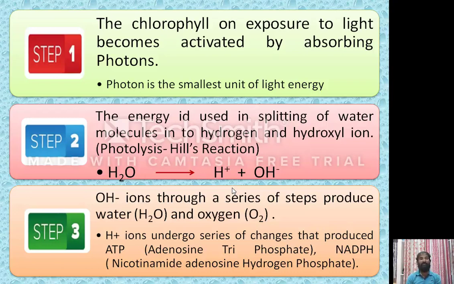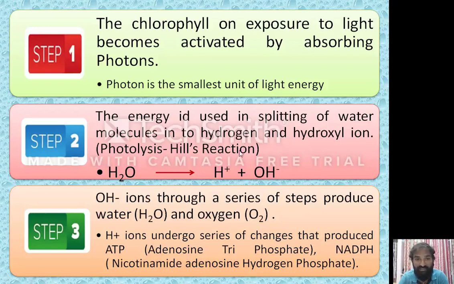Coming to the second step, the energy is used in the splitting of the water molecule. The energy that comes from sunlight is used to split the water molecule. When the water molecule is split, what is formed? One is the H plus ion, the proton, and the second is the OH minus ion, the hydroxyl ion.